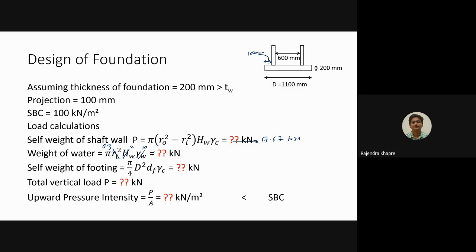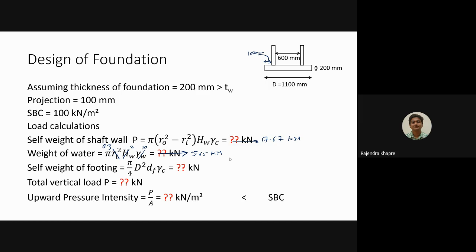How much is the weight of the water? Can someone tell me? 5.65 kilonewton.